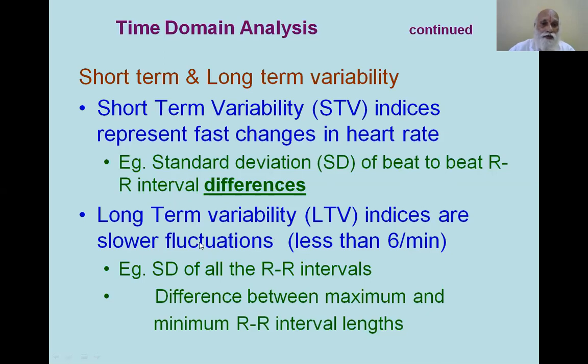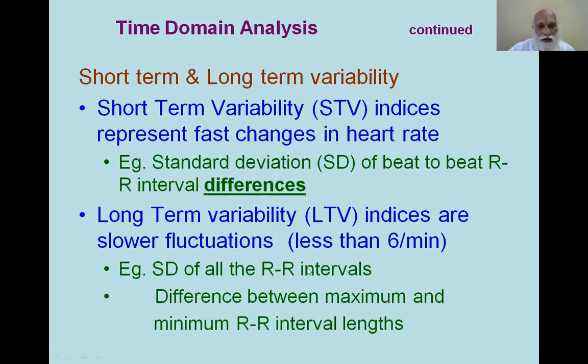That is very slow. Now, if you look at the standard deviation of the beat to beat RR interval, that is the difference between one beat's RR interval and another beat's RR interval, and you take the standard deviation, that shows a quick change. So that is the short term, and this is long term because it is slow fluctuation.